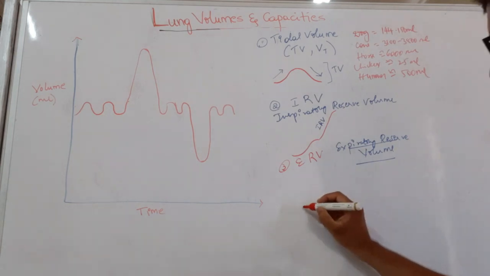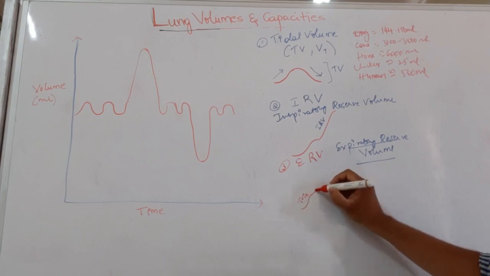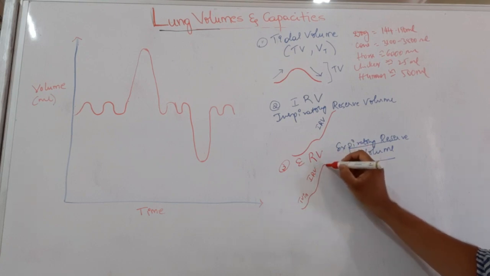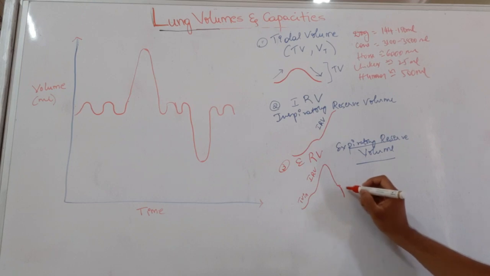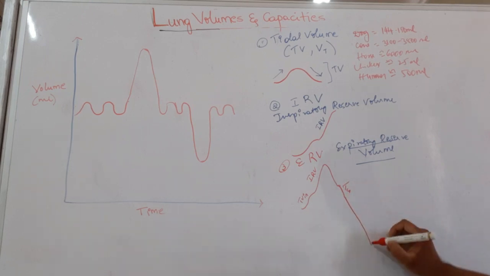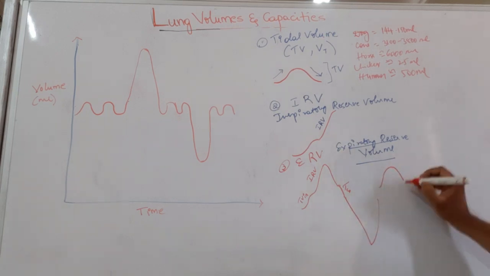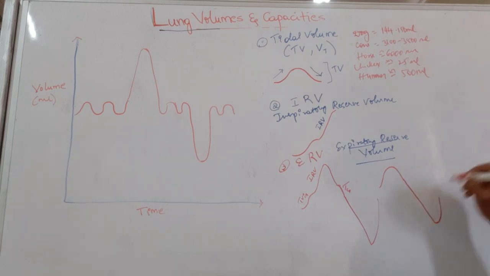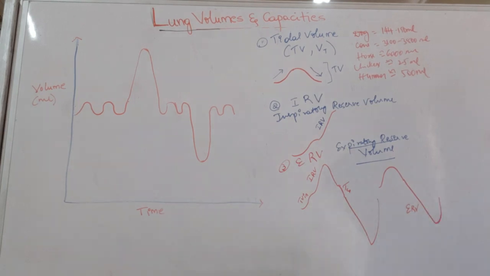So we have tidal volume inspiration here, then the extra amount of air, the inspiratory reserve volume, comes back, and we have a normal tidal volume expiration. If you take a normal tidal volume, the extra amount of air that is expired out forcefully is referred to as expiratory reserve volume.